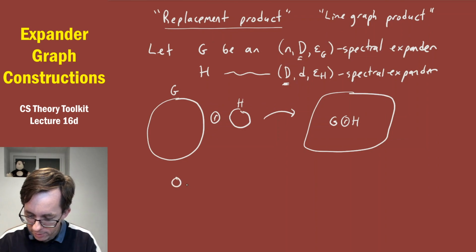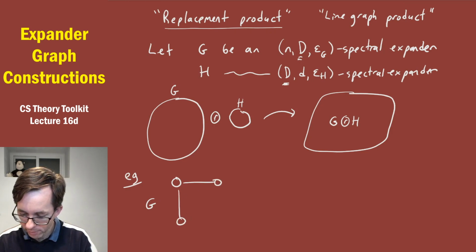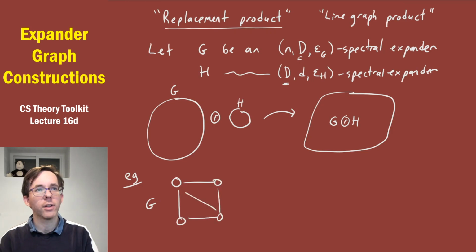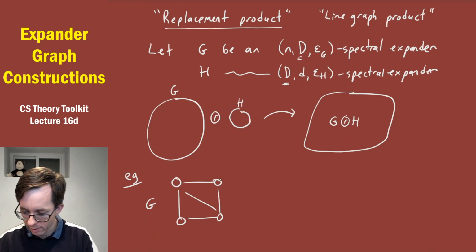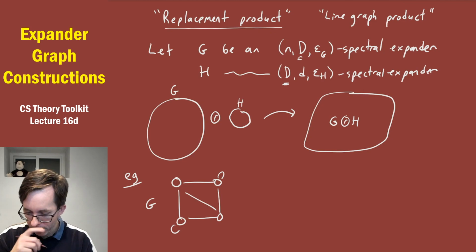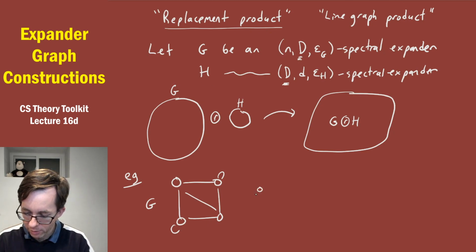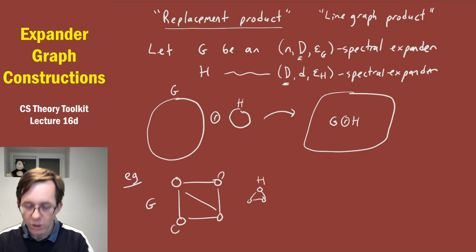Let's try this graph for G as an example. Okay, this is not even a regular graph, but don't worry about it so much. Say it's a 3-regular graph, so capital D equals 3. To take the replacement product with H, you would need a little 3-regular graph, maybe a triangle. That's H.